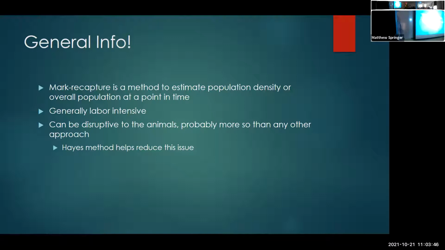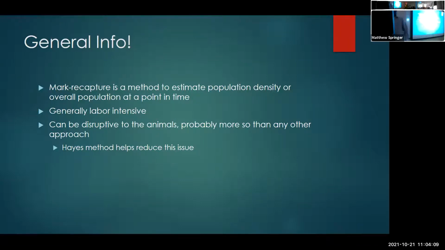Depending on how you set up the study to get an estimate, you can either estimate the actual density of the population in a given area, right? So you have a defined area that you're sampling, or you're trying to look at the overall population as best you can. So you don't have an actual area, you're just looking at trying to see how many animals are out there as best you can tell.